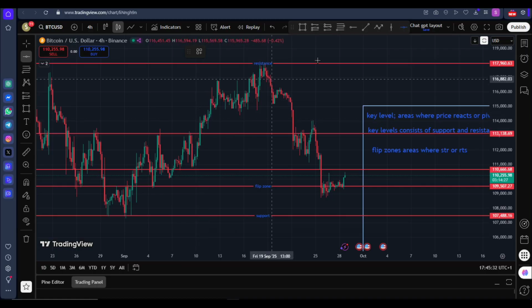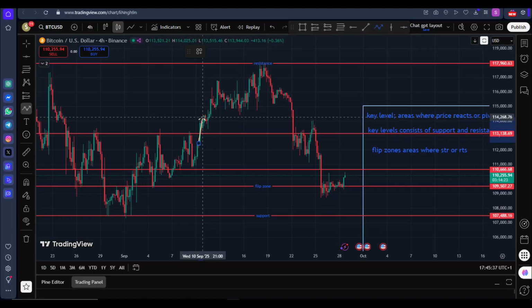Hit resistance, came down here, passed it, came to flip over here before moving. So you can actually see the flip zone right here.